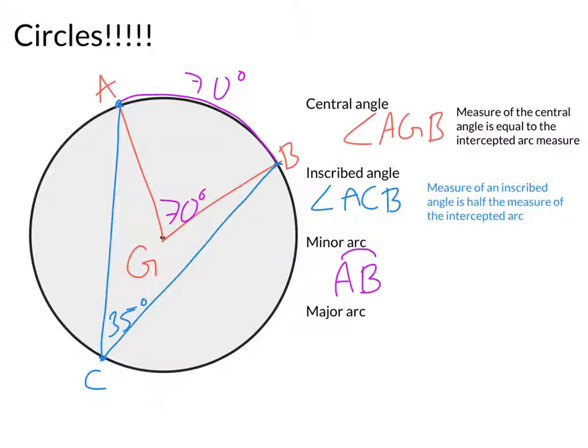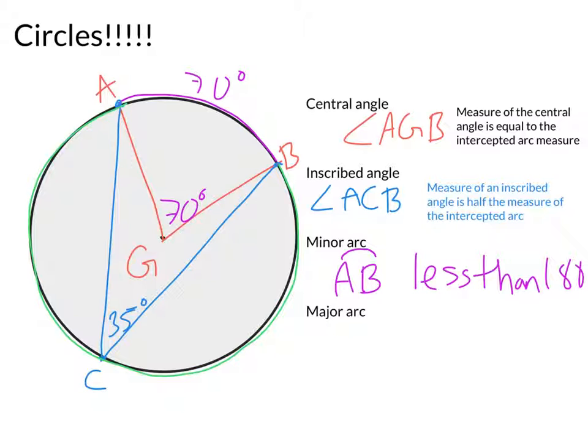All right. Now, the only thing we haven't dealt with yet is our major arc. A major arc is bigger than 180 degrees, and a minor arc is less than 180. So this one is less than 180, and then a major arc would be like this, all the way around.